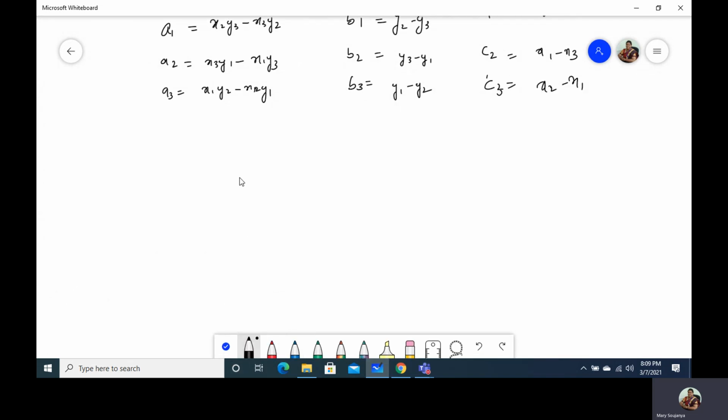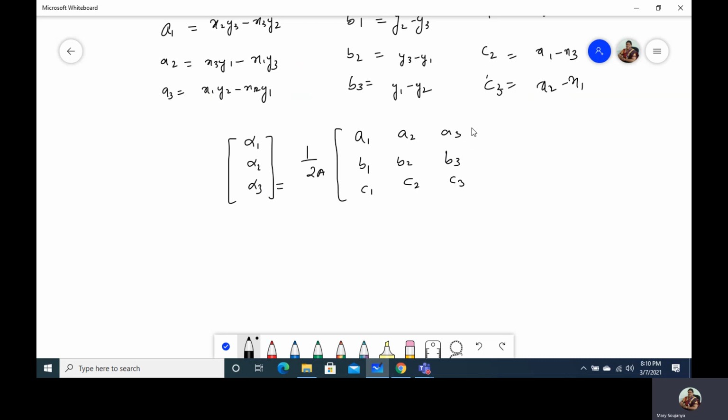From this, the equation alpha 1, alpha 2, alpha 3 will become 1 by 2A into [a1 a2 a3; b1 b2 b3; c1 c2 c3] into u1, u2, u3. Equation number 3.